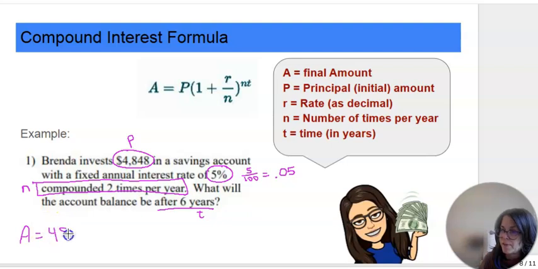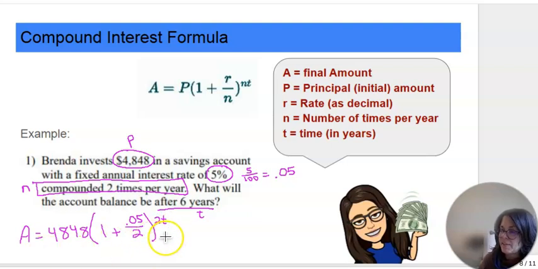P is 4,848. 1 plus our rate as a decimal is 0.05 over N, number of times a year, that's 2. Now again, in our exponent, we have N times T, so that is 2 times T.